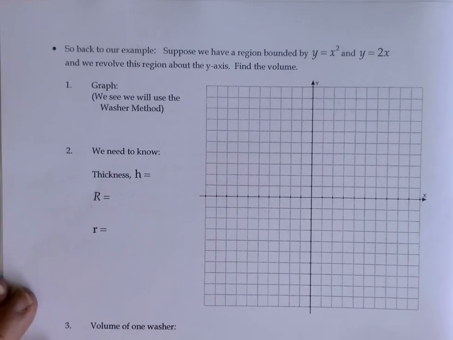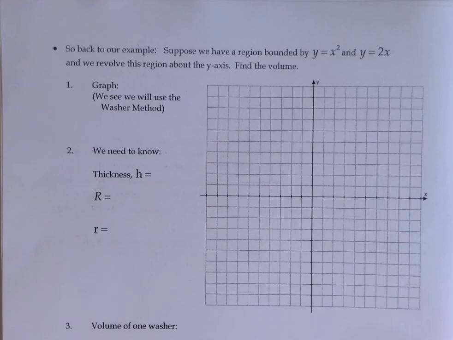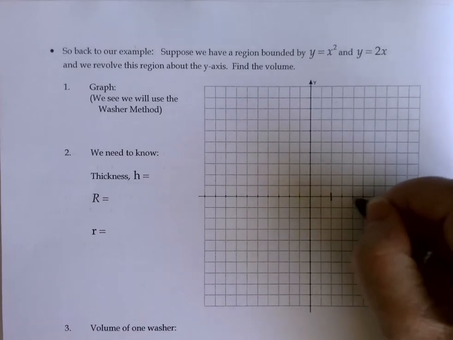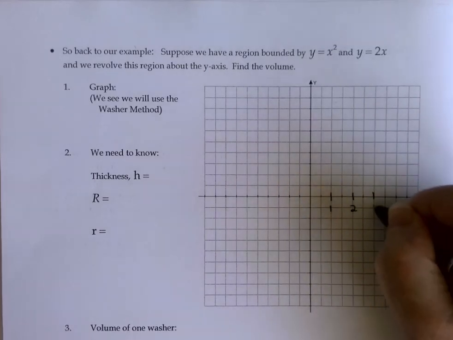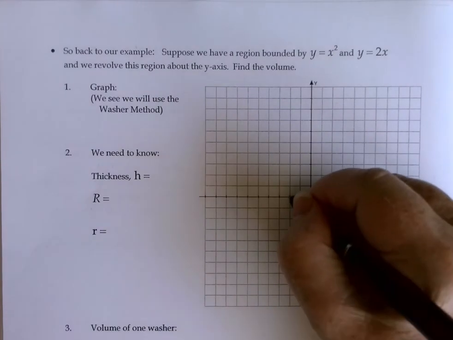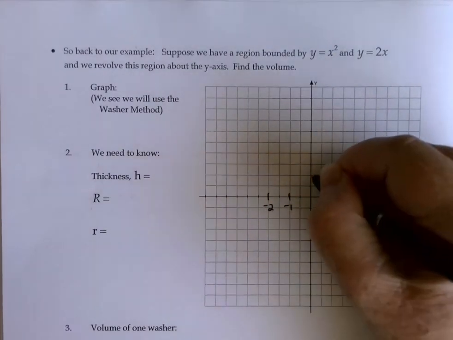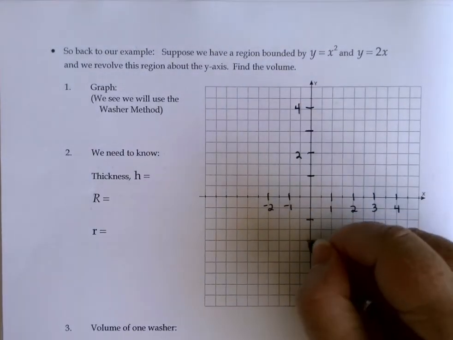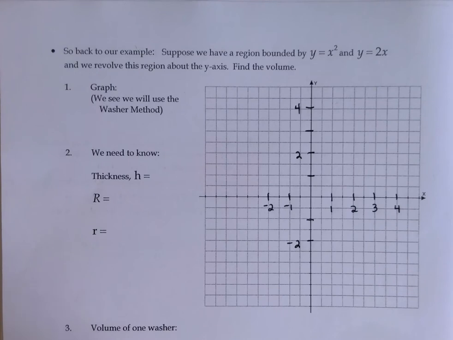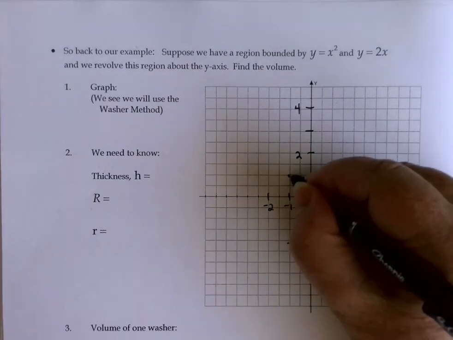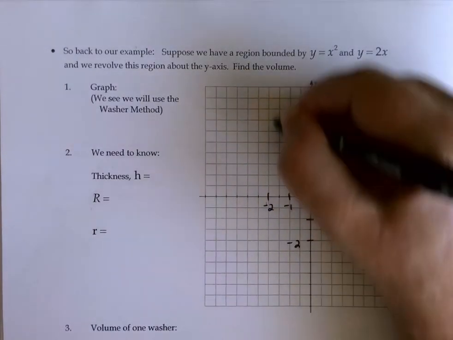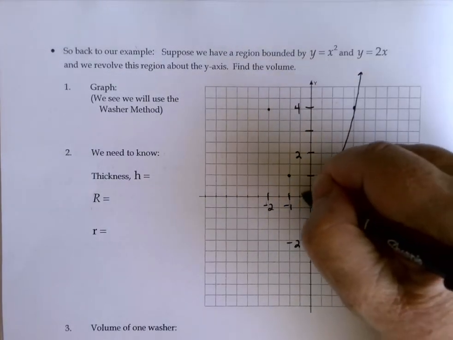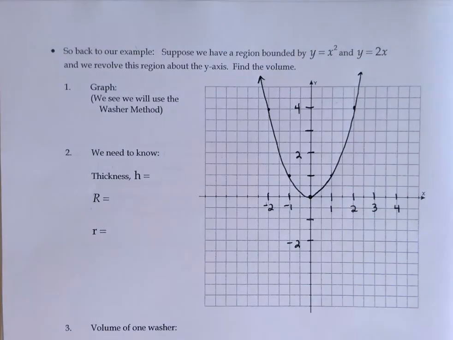So I'm going to draw a little bit better graph here of my picture. We've got y equals x squared and y equals 2x. So let's see, y equals x squared, just a parabola, like so.